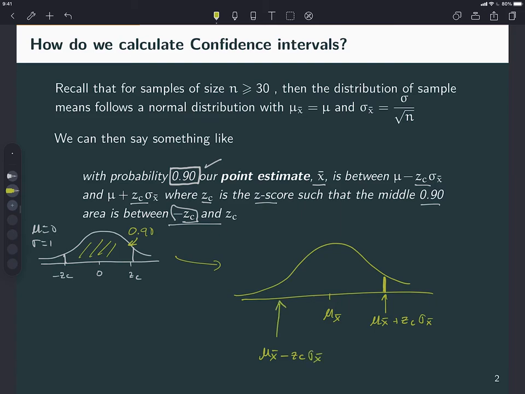That will give you the two values that trap the middle 90% over here. So this is how we convert, knowing that the middle 90% of the standard normal curve translates to the middle 90% under this curve. Okay, so this is all I'm saying right there.